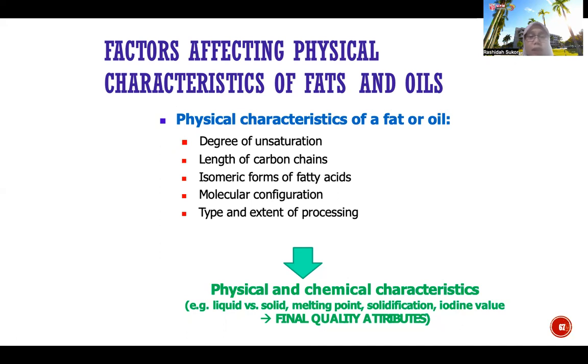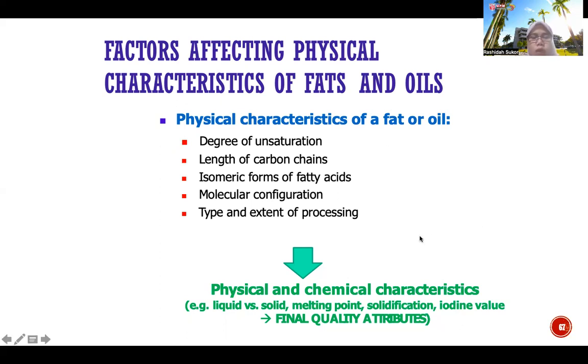Type and extent of processing is one of the factors in food processing, that is how the companies or manufacturers will modify the processing parameters: how they want to do it, the type of processing and the extent. Extent means in terms of duration, how high the heat that they will give, or how much of the hydrogenation that they will give.